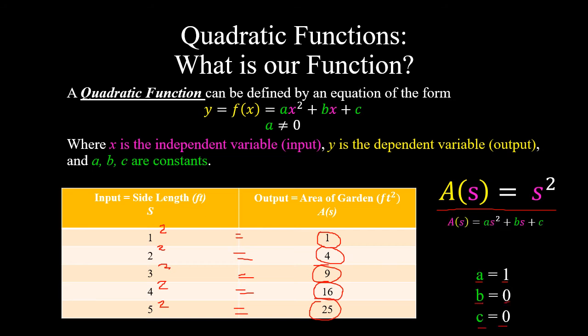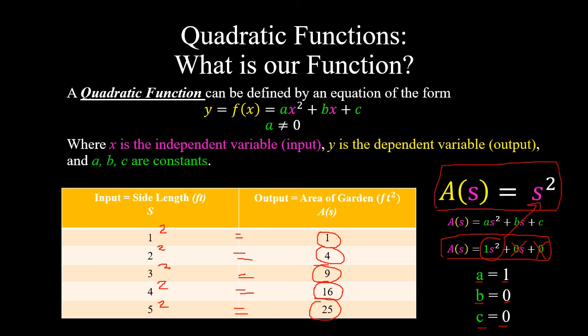So if we take that general form and put it in terms of our function, basically what we're saying is our function A of s equals 1s squared plus 0s plus 0. Okay, so if b equals 0, this just goes away. And if c equals 0, well, that just goes away. And so we're left with 1s squared, which is just s squared, right, you guys? So this is a quadratic function.